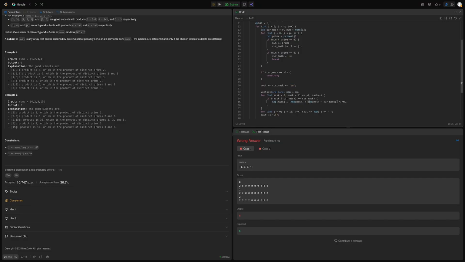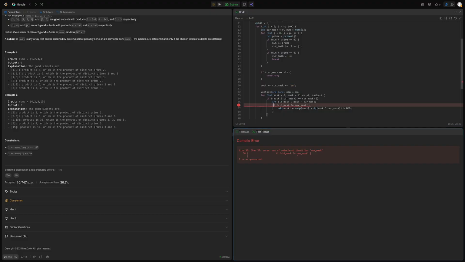I could do this, so int old mask, current mask, and I guess if old mask doesn't equal new mask, then like this, maybe.